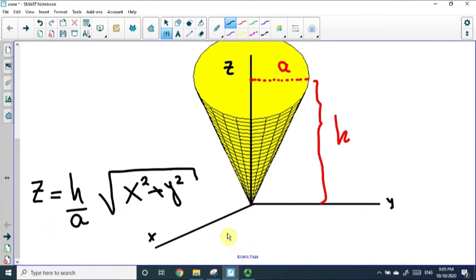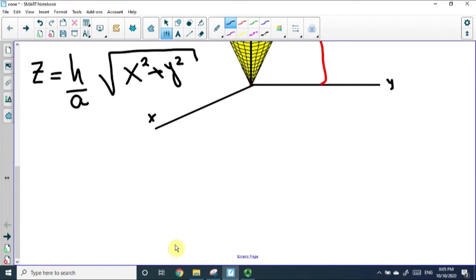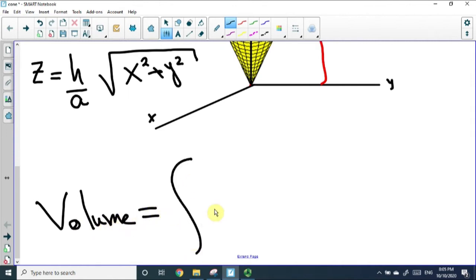Now we're going to start working on the triple integration. In general, let me write the triple integration, which will give us the volume. So I'm going to have triple integration of what? Well, that depends on your choice of coordinates.